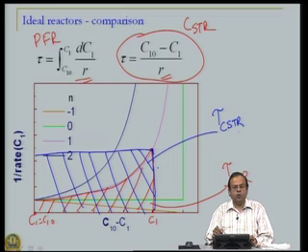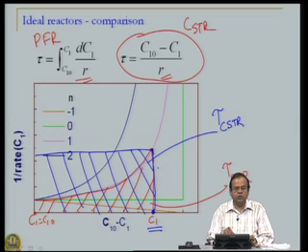So, let us come to our design problem. Let us say that I want a certain value of C1 at the exit of my reactor, this particular value. Which reactor gives me minimum residence time? That would be the better of the two reactors.